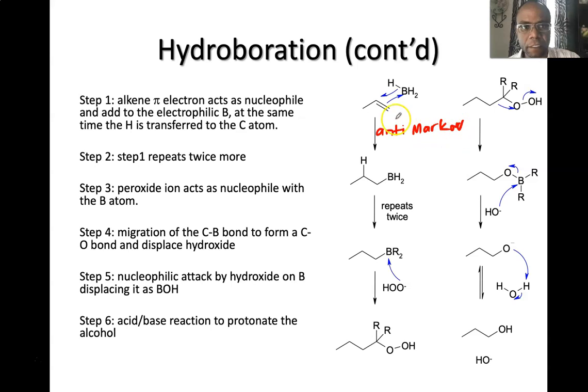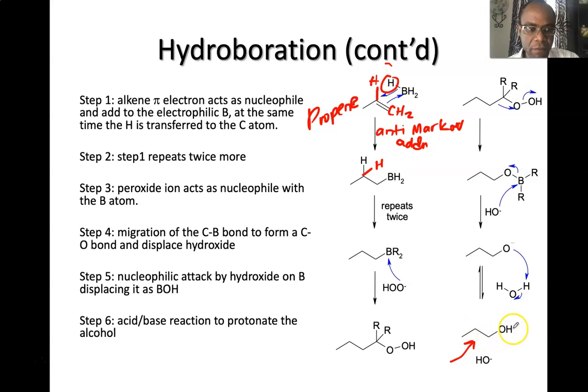Okay, anti-Markovnikov addition. You see, this hydrogen in black adds where there's less, and then the BH2 will go where there's more. That's anti-Markovnikov. We would have expected this hydrogen to go where there's more. But when you do this reaction with propene, eventually the alkene will be changed to an alcohol.